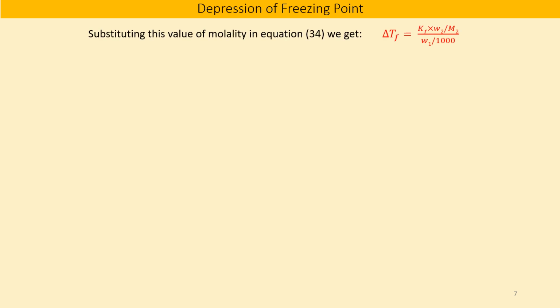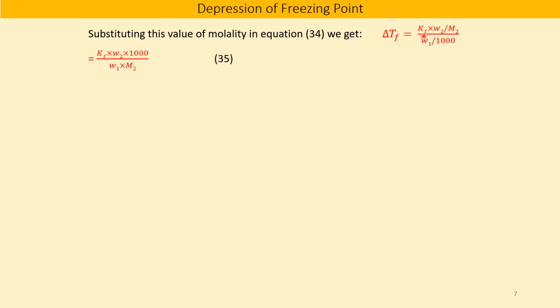Substituting the value of molality m in equation 34 given in the previous slide, we get ΔTf = Kf × (W2/M2) divided by (W1/1000).